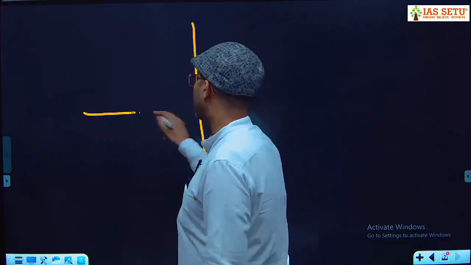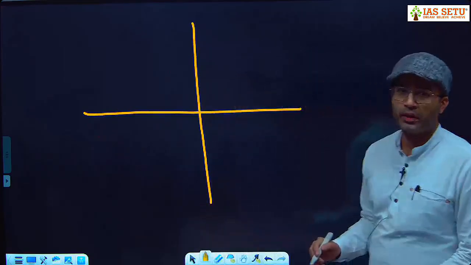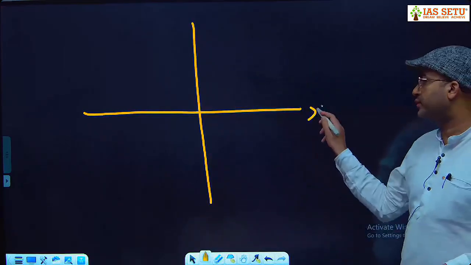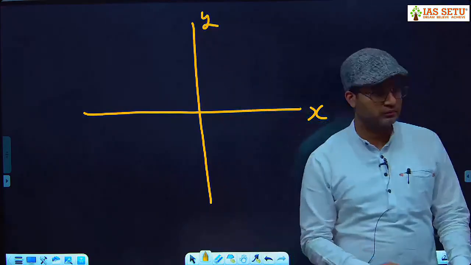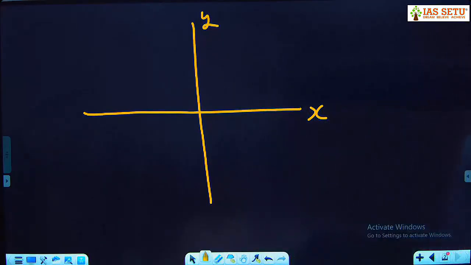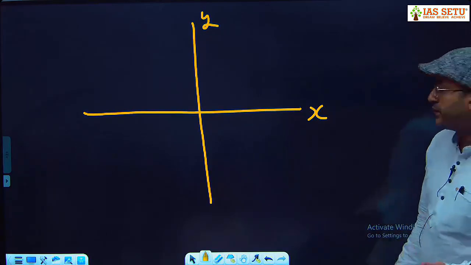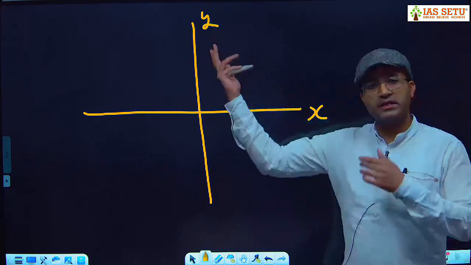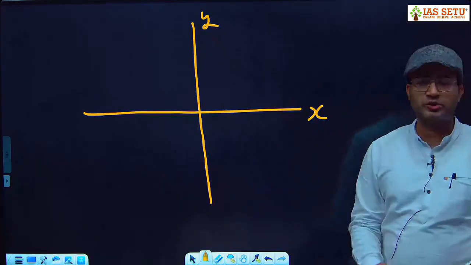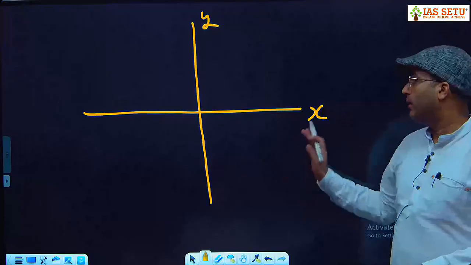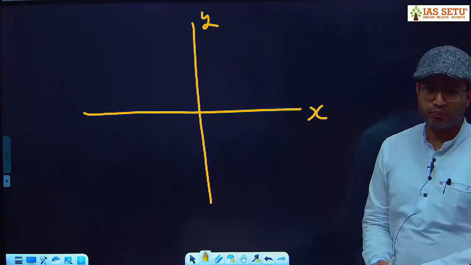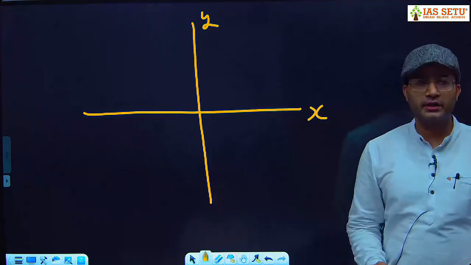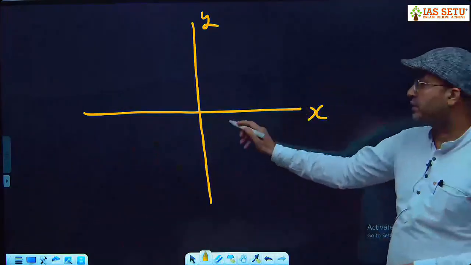We have two axes. We take the horizontal axis as x and the vertical axis as y. If the UPSC examiner takes it as y and x, they can do that because they are the examiner, but as per rule this is x and this is y. We have four quadrants. This is 0, 0.